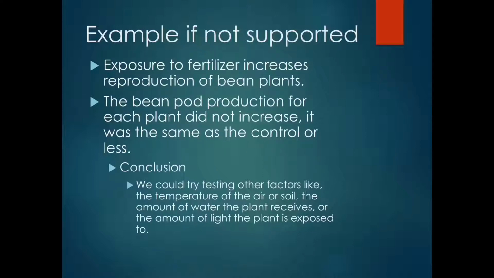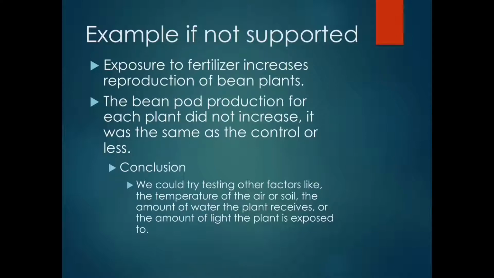And here's some examples if it's not supported. So the exposure to the fertilizer didn't increase the bean pod production. There were the same number or fewer bean pods than the control.